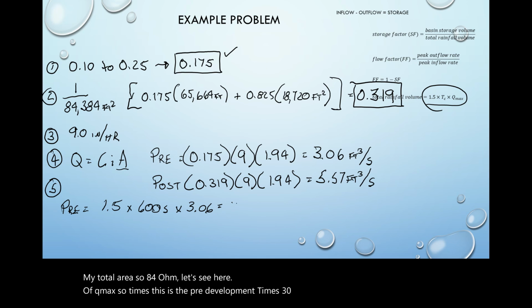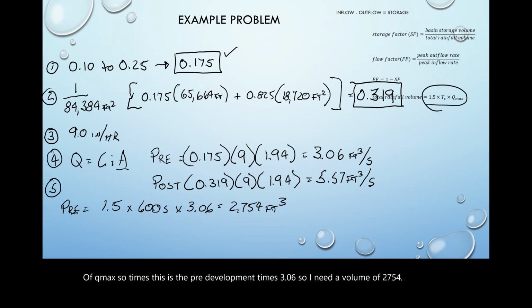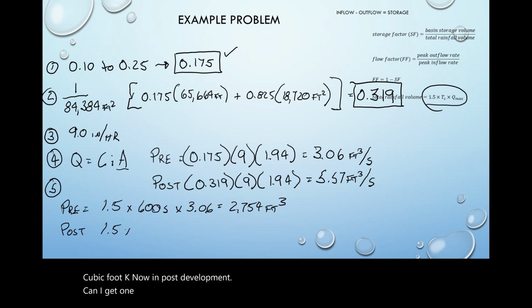So I need a volume of 2,754 cubic feet. Okay, now in post-development, I get 1.5 times 600 seconds times my flow Q at post, 5.57 cubic feet per second, and I get 5,013 cubic feet.